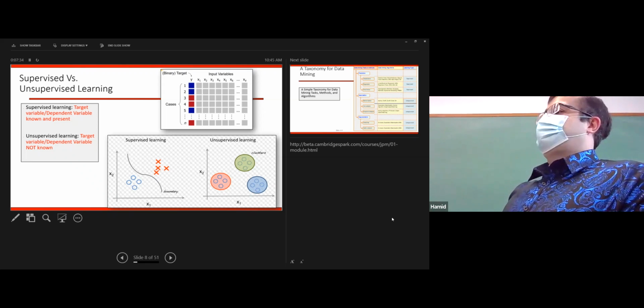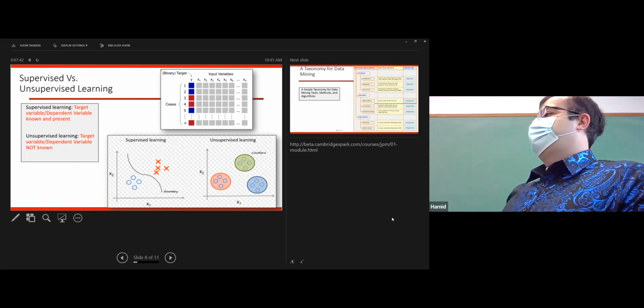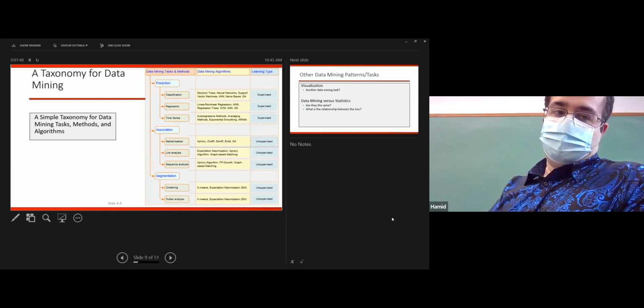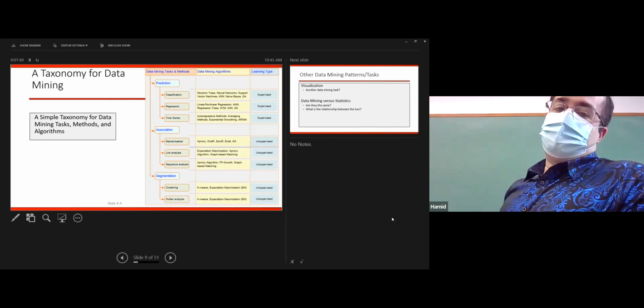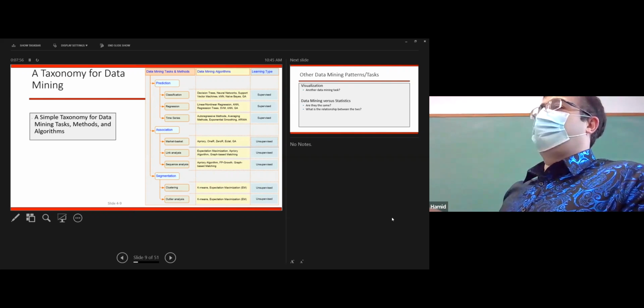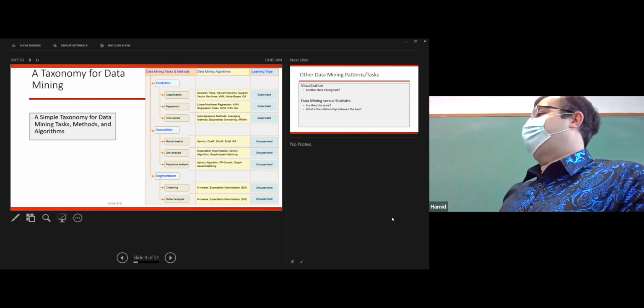You want to find clusters of people that have similarities, and then maybe you can consider different marketing campaigns based on their similarities. This is the general taxonomy of data mining. Interchangeably, sometimes I say AI algorithms or machine learning algorithms or data mining algorithms; all of them are the same.